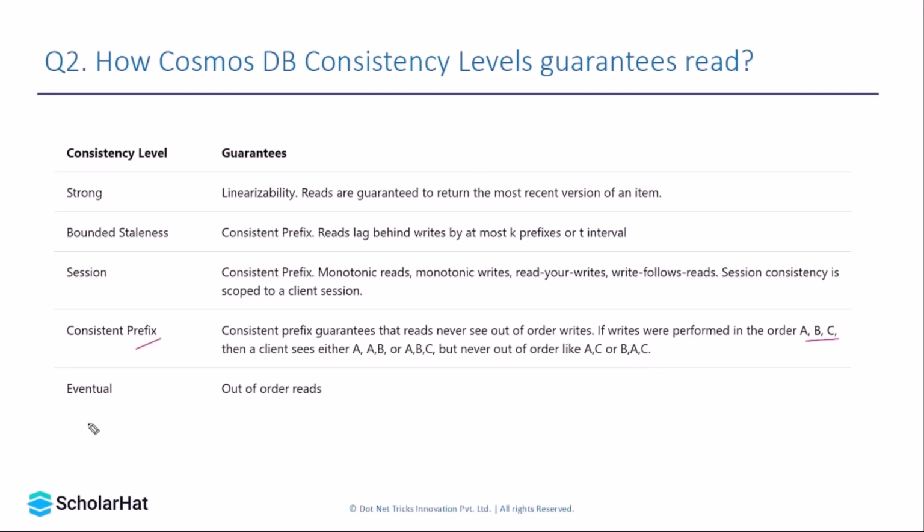And the last one is eventual, which simply means out-of-order reads. It's about Cosmos DB's internal architecture, like how data would be read or displayed across multiple regions. But if we are using an eventual consistency level, then all write and read operations would be out of sync. Now these are the 5 different consistency levels in Cosmos DB.